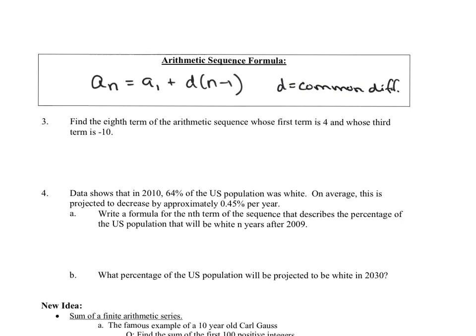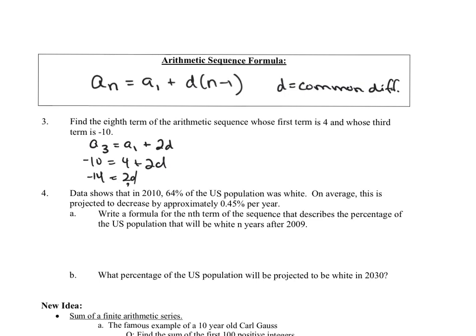All right, so if we look at the next example, we want to find the 8th term of an arithmetic sequence whose first term is 4 and whose third term is -10. So we'll use the formula here. We know that a3 is going to be equal to a1 plus d times 2, or 2d. We can substitute the values for a1 and a3, so negative 10 is equal to 4 plus 2d.